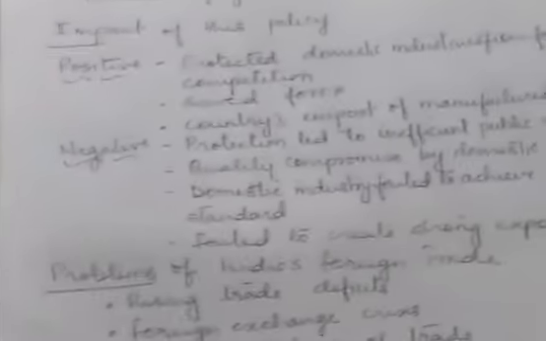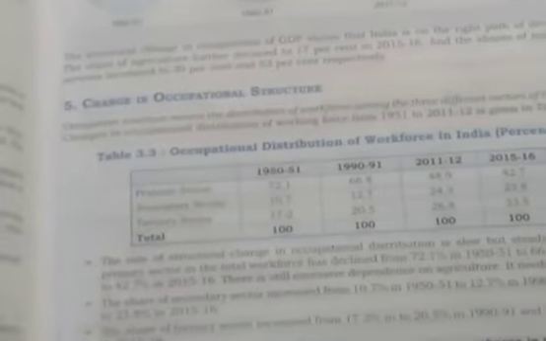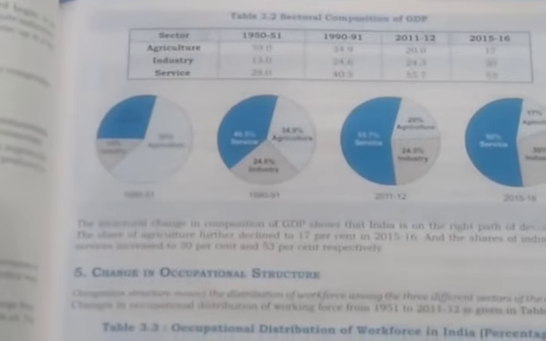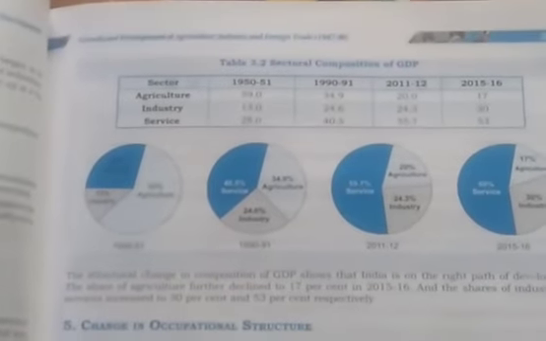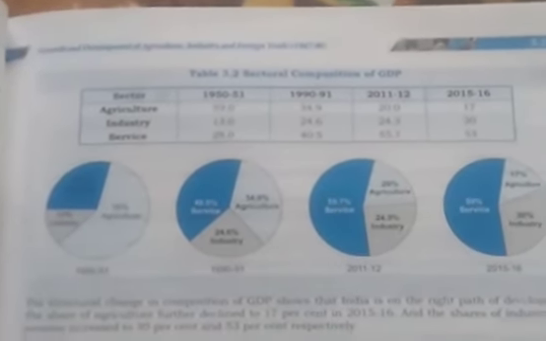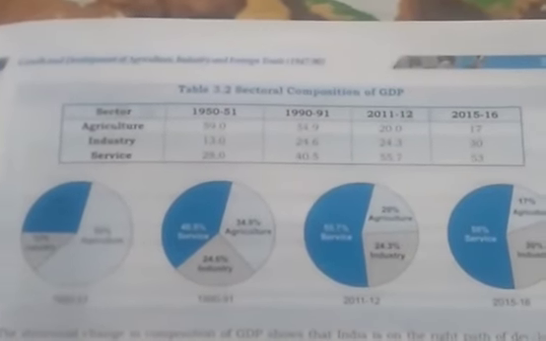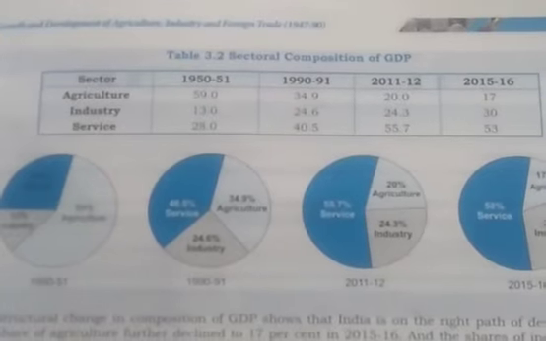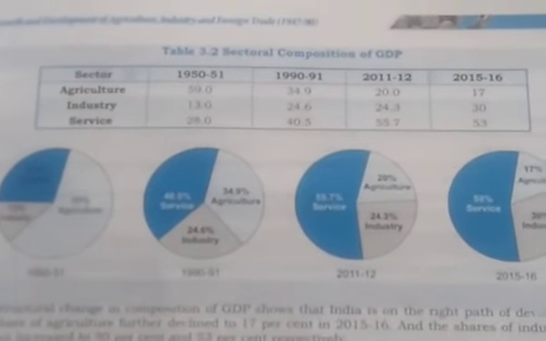So, in a nutshell, I can say that there was a gradual improvement in the economic conditions of the country. The primary sector improved, the secondary sector improved, and the service sector also improved, but it failed to meet the desired targets which were laid down in the 5-year plans.